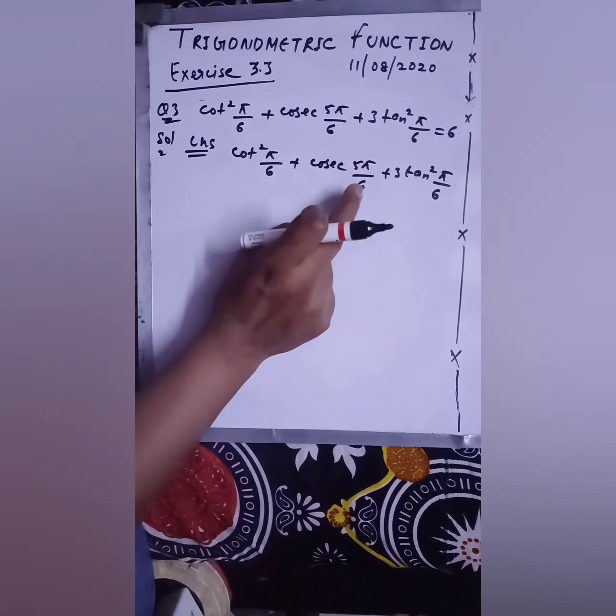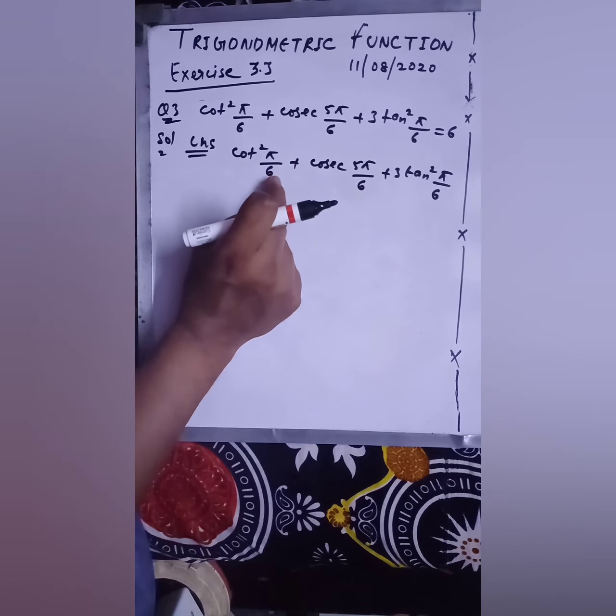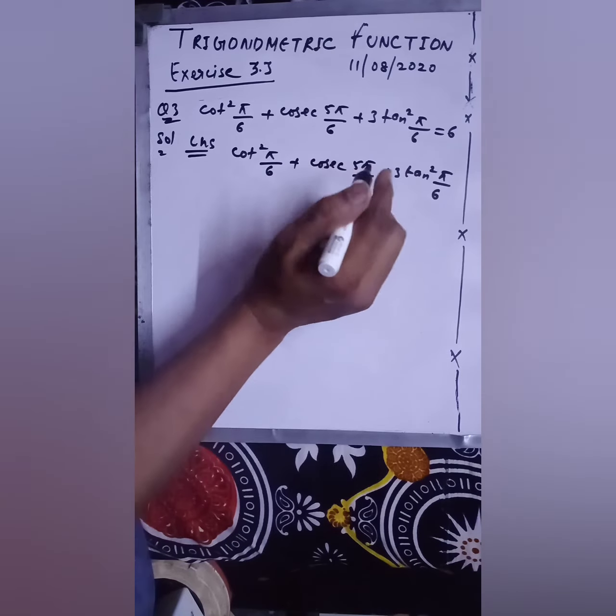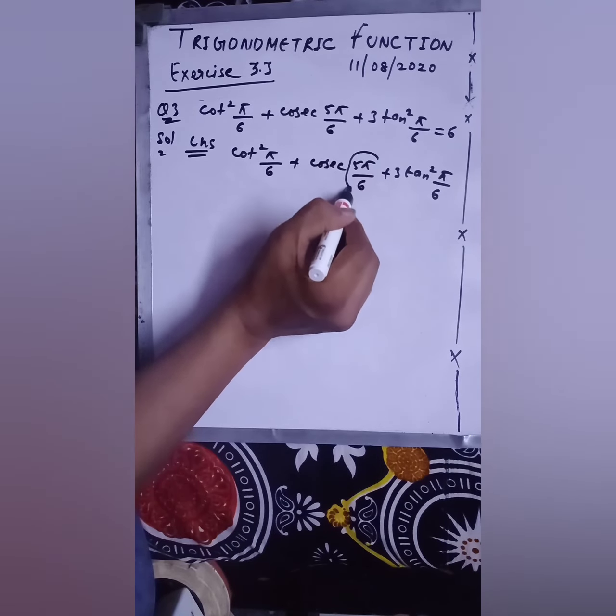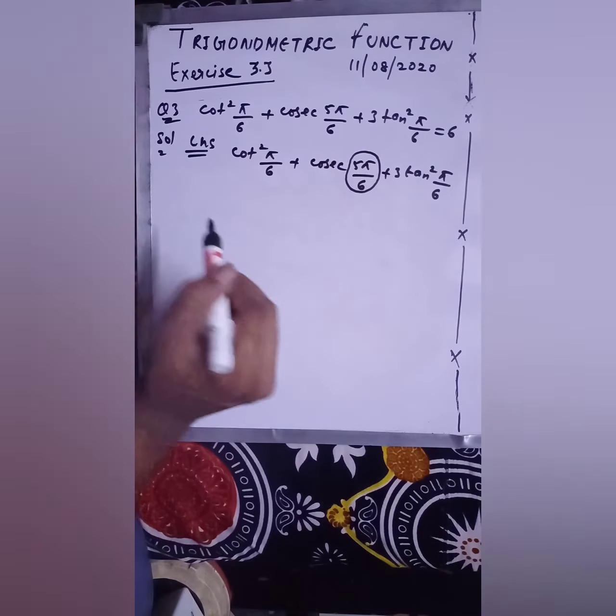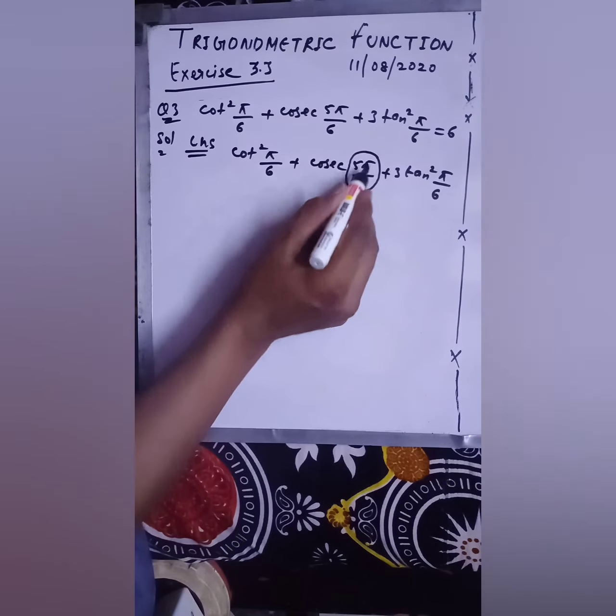Okay, so pi by 6 means it is 30. This is 30, this is 30. So this term is creating a problem in this question, so first of all I will solve this.